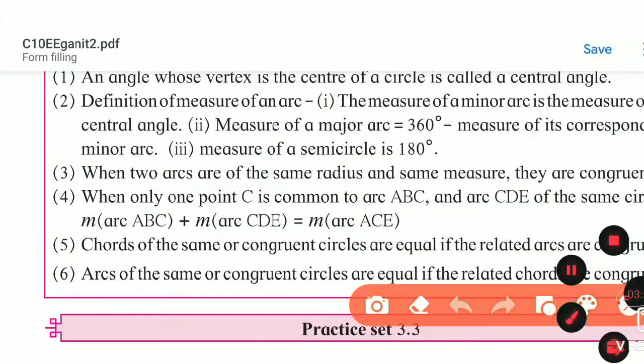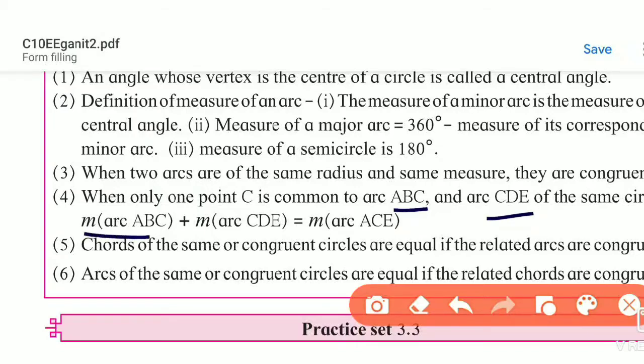Here, when only one point C is common, that is, arcs ABC and CDE of the same circle, then the measure of arc ABC plus CDE is equal to the measure of ACE. For that we saw this figure.